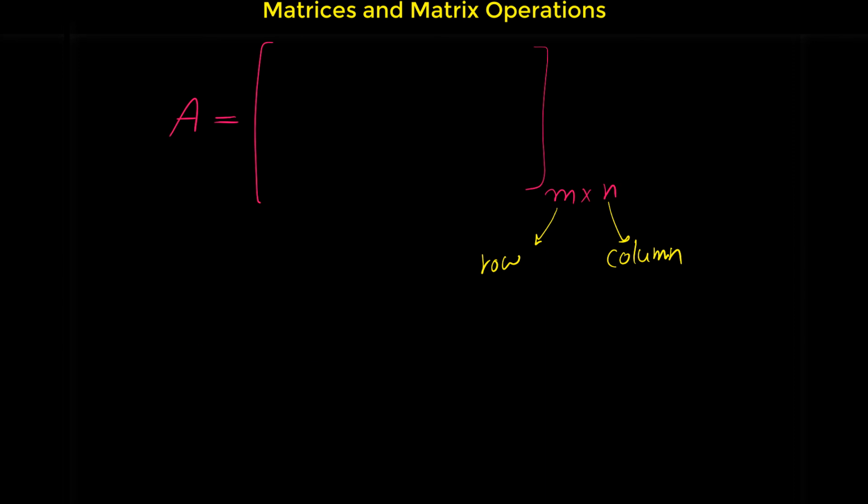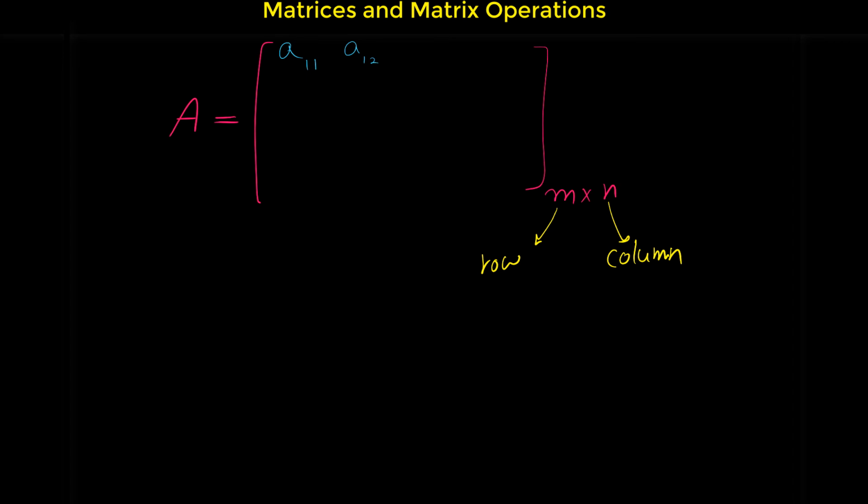The first element, which is here, is the element that is in the first row and first column. So the first element is A sub 1,1, which can be any number. The next element is A sub 1,2.